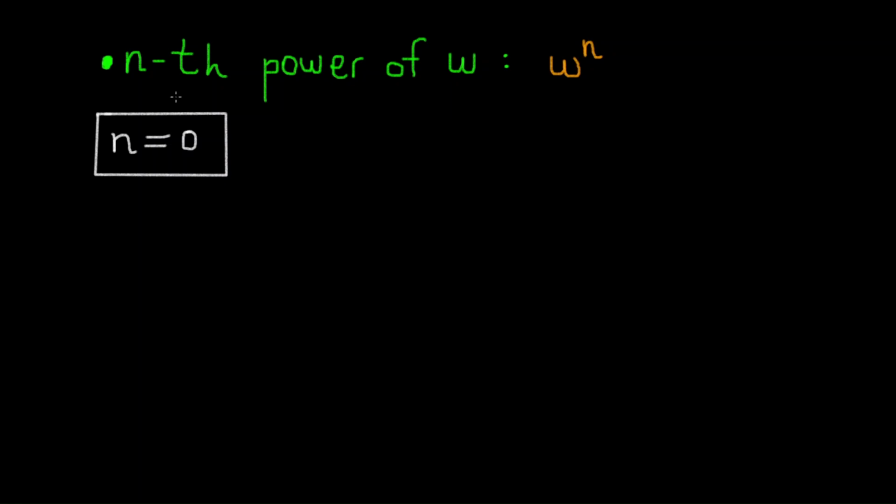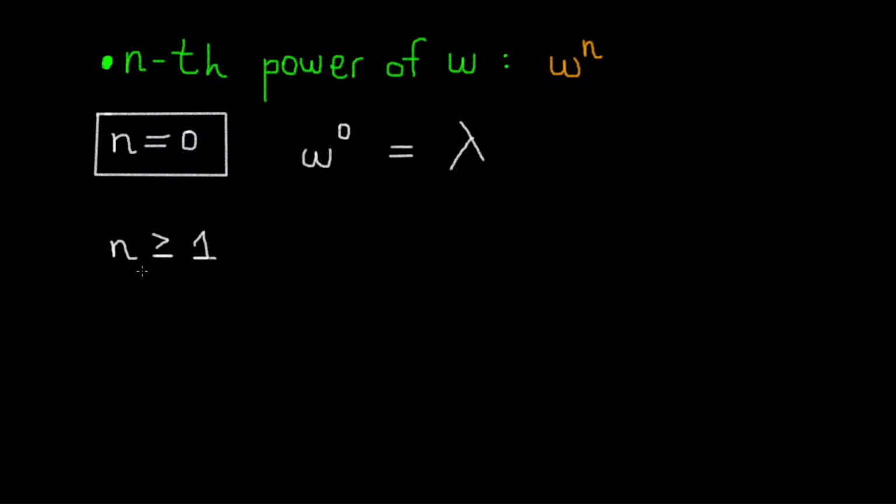First of all, let us begin by considering the case where n is 0, that is, the exponent is 0. When we compute the word W raised to 0, this is the same as saying 0 occurrences of the word W. So this is equal to lambda, the empty word.